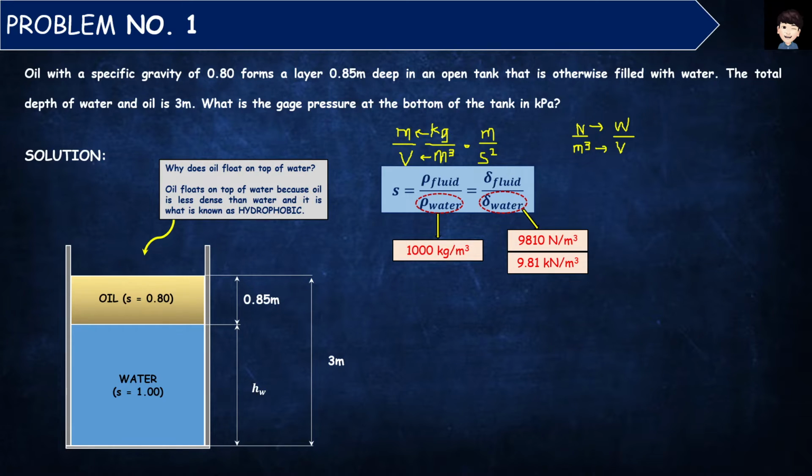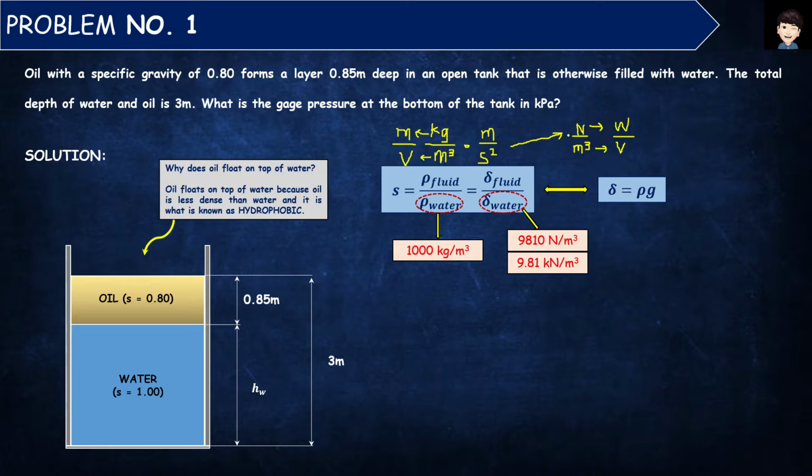So kilogram times meter per second square is equal to Newton, as is yung over cubic meter. So, I hope matandaan niyo yun kasi itong formula na 'to ay talagang gamit na gamit sa fluid mechanics or sa hydraulics. Therefore, unit weight is equal to density times gravity.